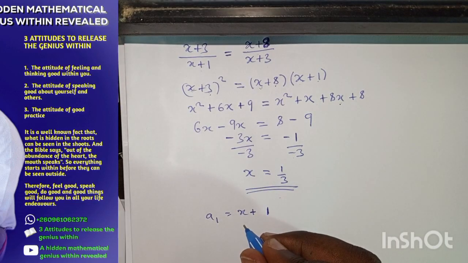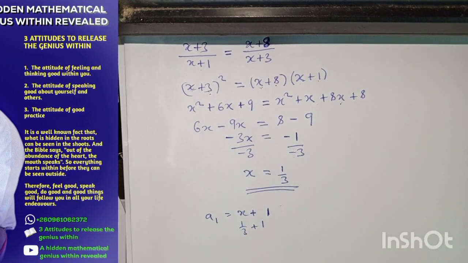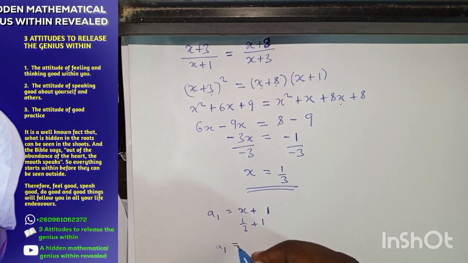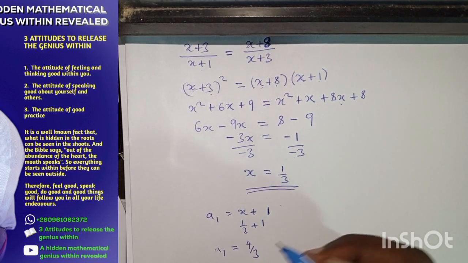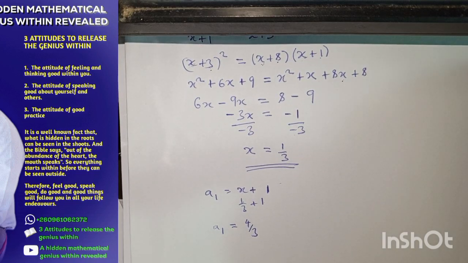So we have x is 1 over 3 plus 1. So 1 over 3 plus 1, you can just cross multiply here. So 3 multiplied by 1 is 3. 3 plus 1, that is 4. So first term should be 4 over 3.